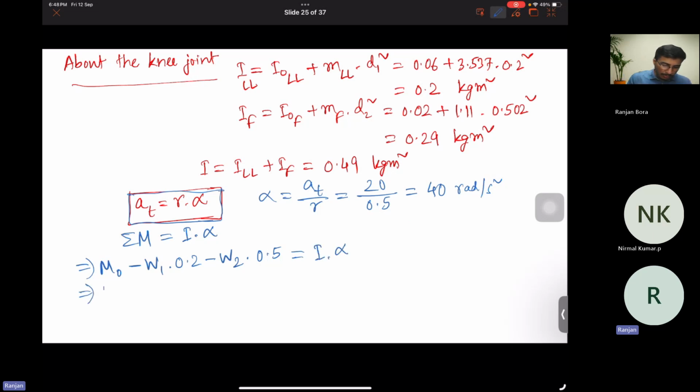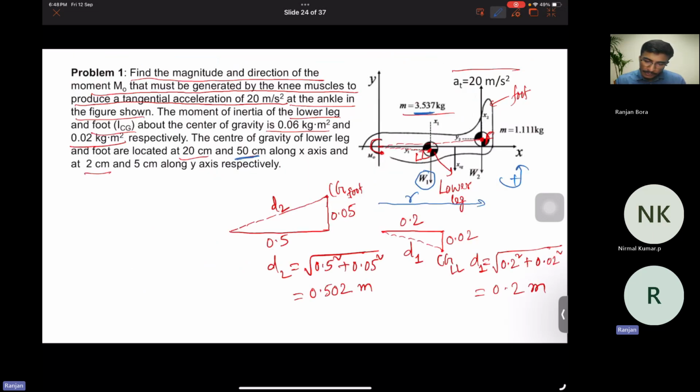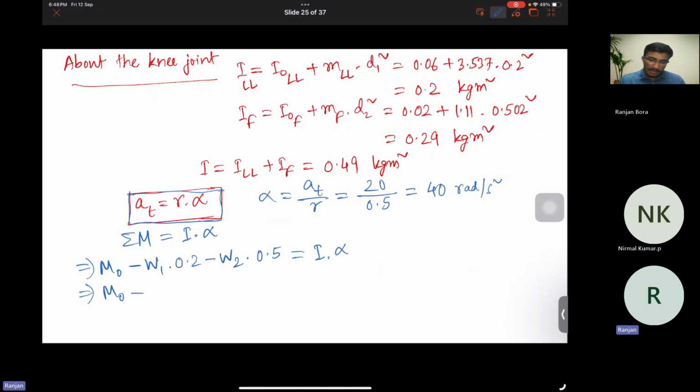So now M naught minus, W1 is 3.537 into 9.8 into 0.2, minus 1.11 into 9.8 into 0.5, equal to I which is 0.49, and alpha is 40.